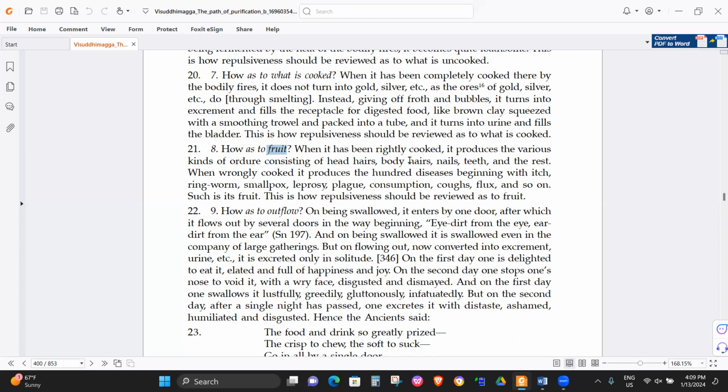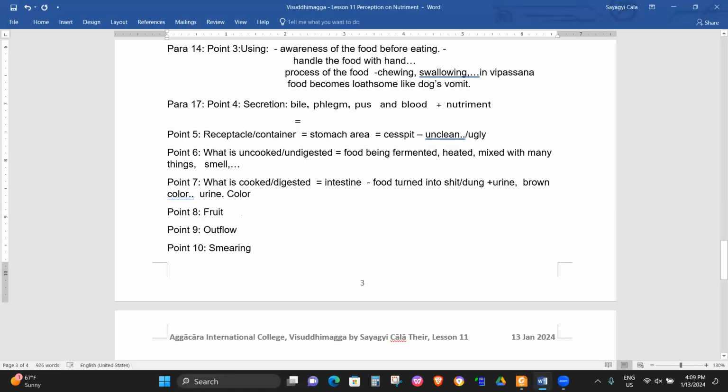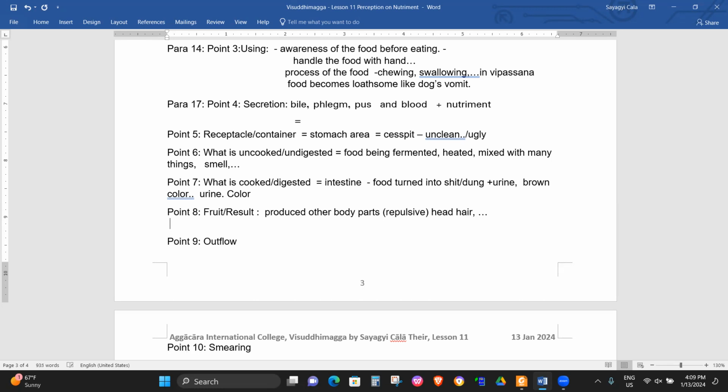It produces the head hair, body hair, and so on. All these are also repulsive, and then also diseases, the itch and ringworms. So this is talking about fruit as result. It produces the other body parts, which are considered repulsive also. It is trying to tell us that it does not produce gold and silver.